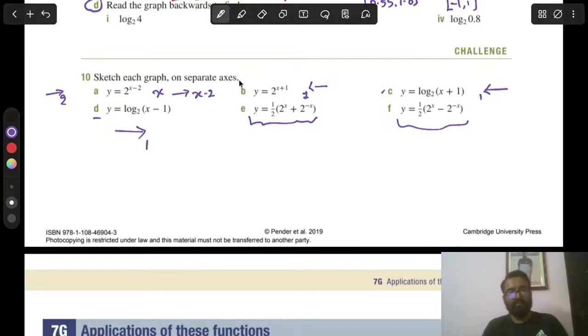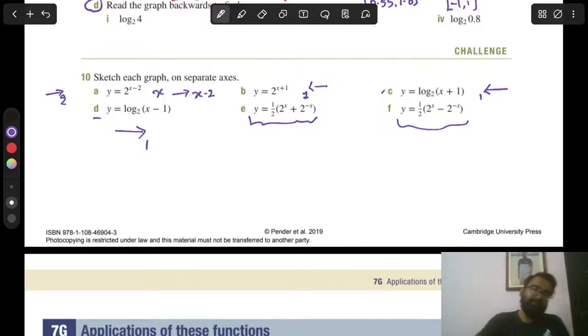So this is a graph of 2 power x minus 2 power minus x by 2. And this is 2 power x plus 2 power minus x by 2.